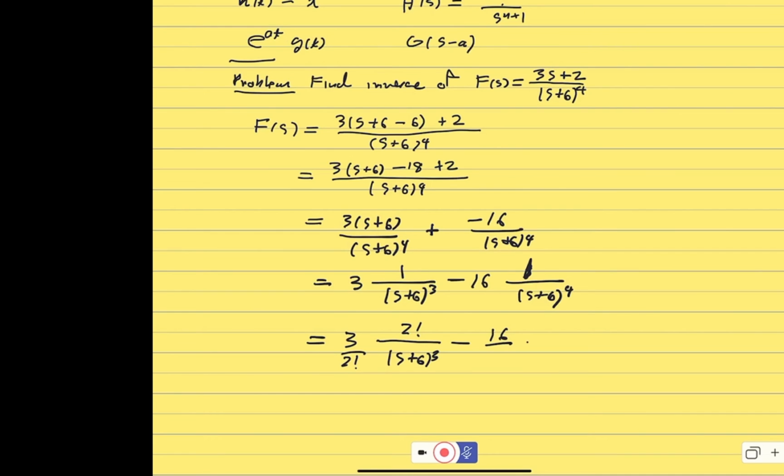I have a 16, and I want a 3 factorial up here to match our formula. Then I've got to cancel that out, 3 factorial, s plus 6 to the fourth.